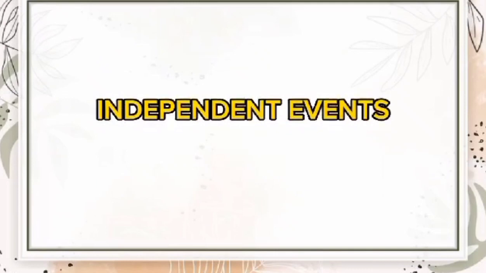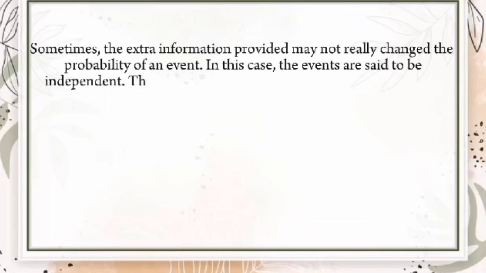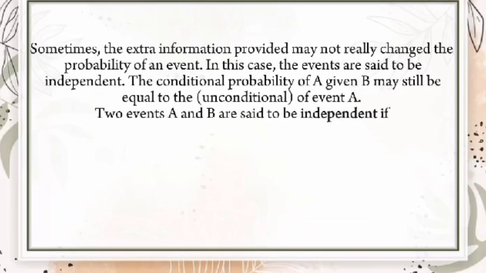Independent events. Sometimes, the extra information provided may not really change the probability of an event. In this case, the events are said to be independent. The conditional probability of A given B may still be equal to the unconditional probability of event A. Two events A and B are said to be independent if P(A and B) equals P(A) times P(B).